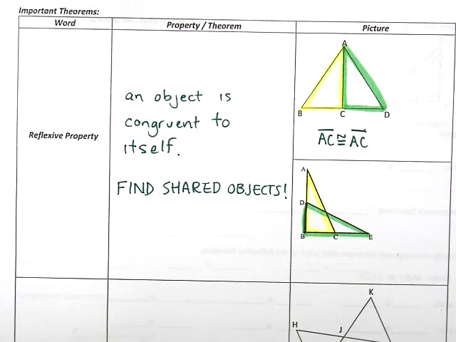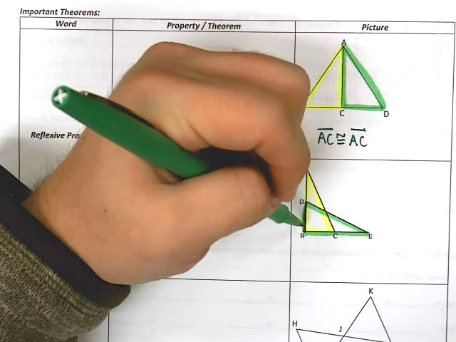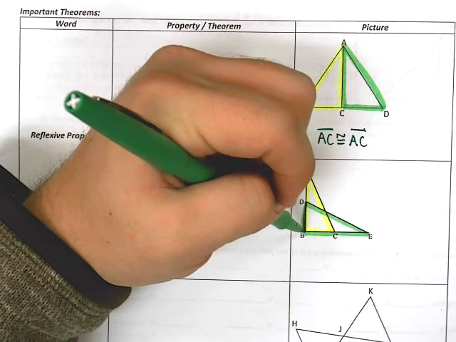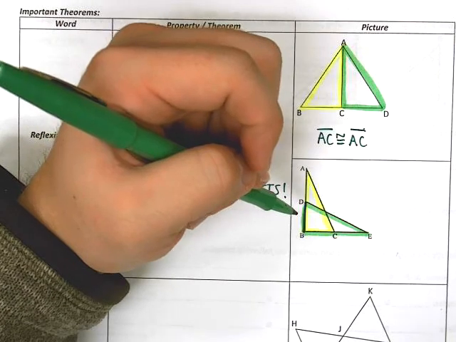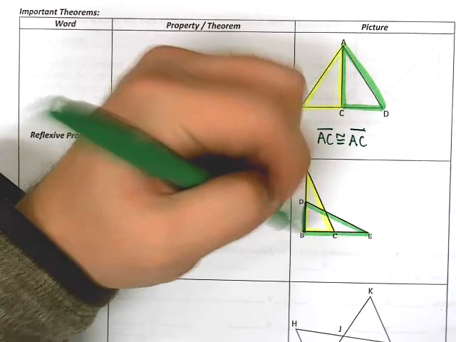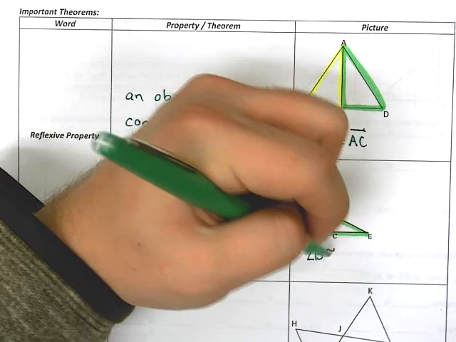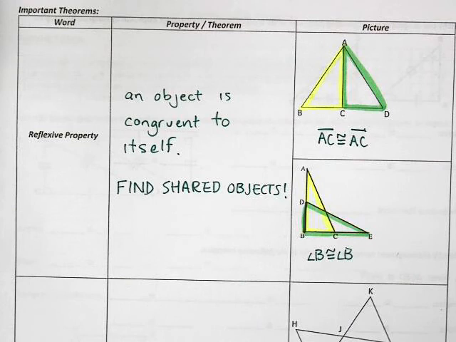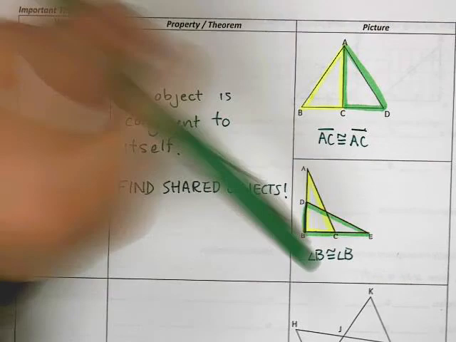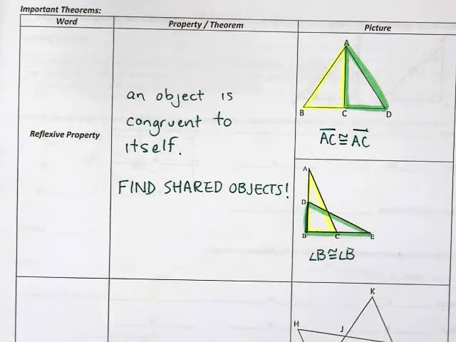Oh my, yeah, there we go. Angle B, guys, is the exact same angle in both the yellow triangle and the green triangle. All right, so angle B is what's being shared. Angle B is what I need to know is in both triangles. All right, we're going to practice this more in class.